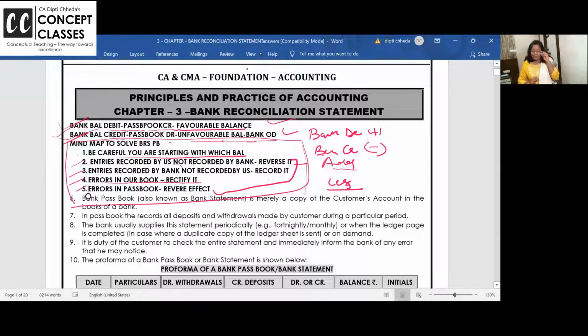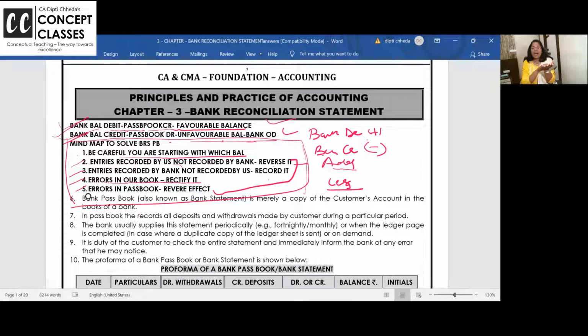I hope you remember this is what we did in the last class: if we have a favorable balance in our books, it is a debit balance; a credit balance is an overdraft, unfavorable. If it is a debit balance and we have not recorded something, let us record it. If we have recorded and the bank has not recorded, reverse it.